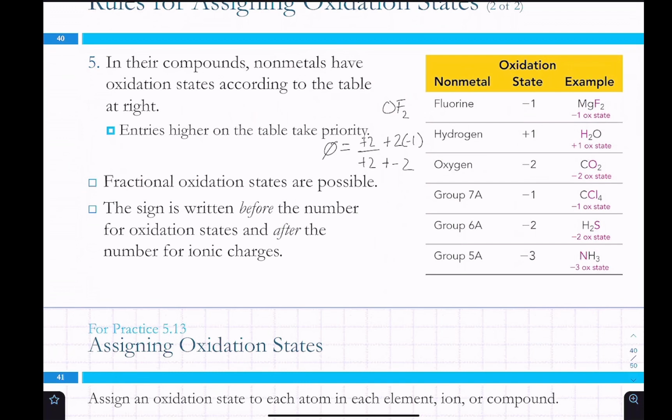But then everything else, chlorine, bromine, iodine, those will always have oxidation states of -1, unless they're bound up with something higher on the table. 6A is going to be -2, 5A is -3. You can have fractional oxidation states, which is weird, but you can. And then the sign, like I was saying, is always written before the number and not after.